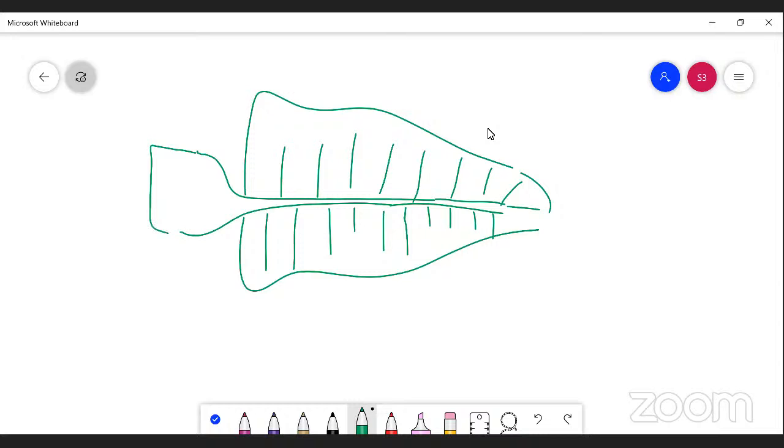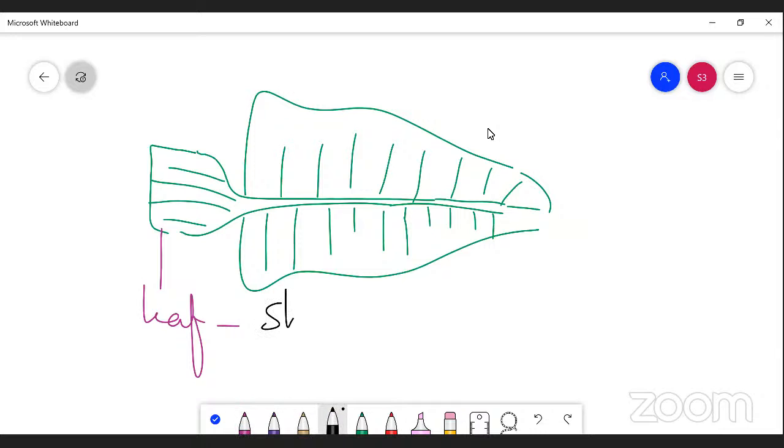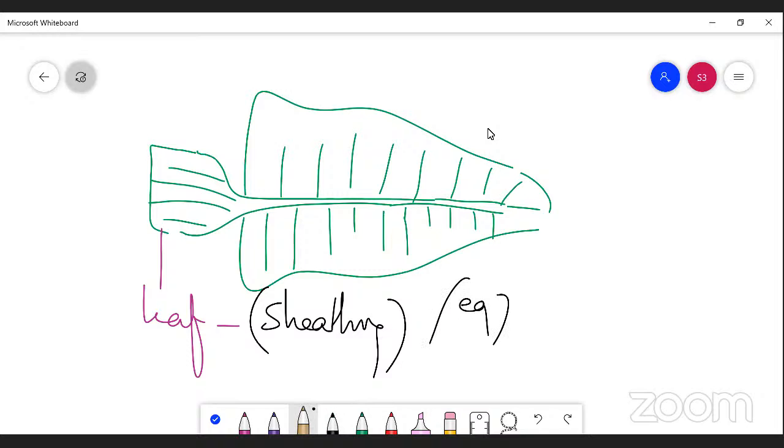Now this is a sheath. It is called the leaf base. It forms like a sheathing, in the case of banana, or Musa paradisiaca. For that, I would like to give an example: Musaceae, or banana.